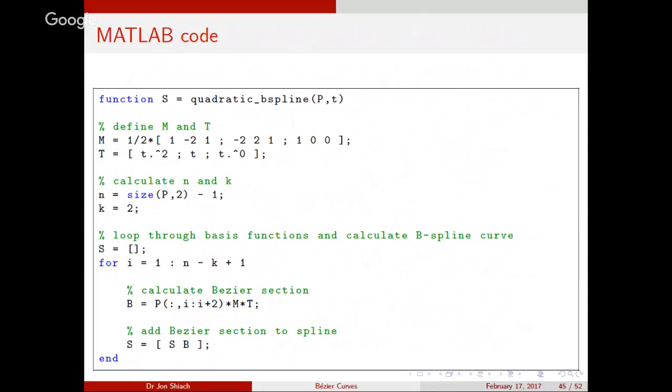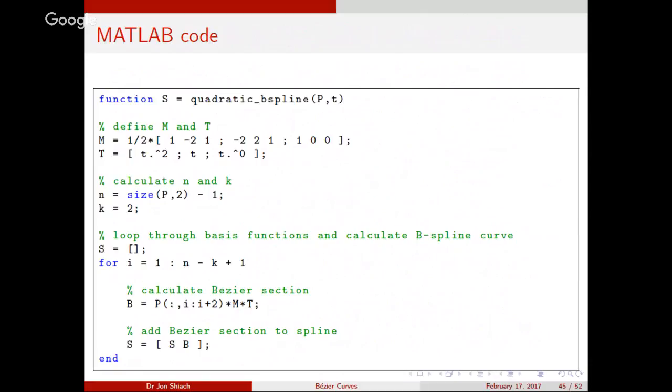Loop through basis functions and calculate the B-spline curve. What I've done here is started off with an empty spline, and I calculate the current Bezier section. When i is 1, I'm using the first three columns of P. That calculates the Bezier curve, and I just add it to what is an empty spline.